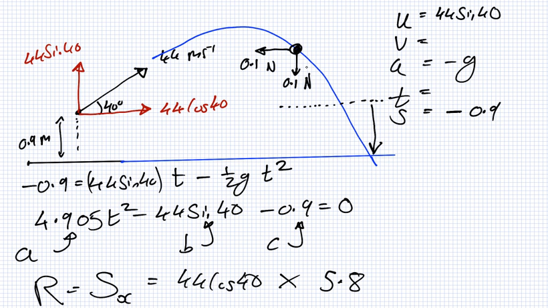Now actually I just realized there's a small typo in the question, so it doesn't quite make sense. Well, it does make sense, but it's actually a little bit too hard, because really the friction should be acting this way on the way down, but then acting the other way on the way up.